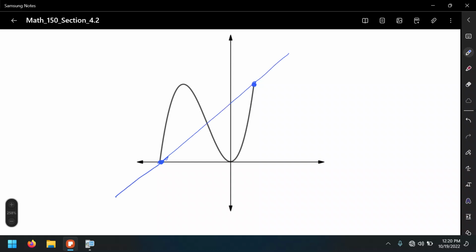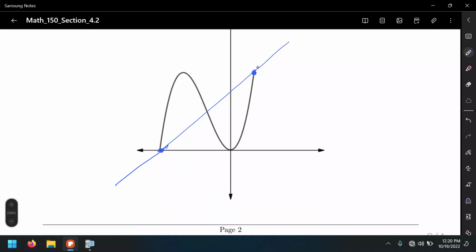So when I draw the secant line, all right, there's more than one possibility in this case for which the slope of this secant line is exactly the same as the slope of the tangent line, and in this case, well, it looks like over here we have one case. All right, does that tangent line seem to have the same slope as this secant line? Yes.